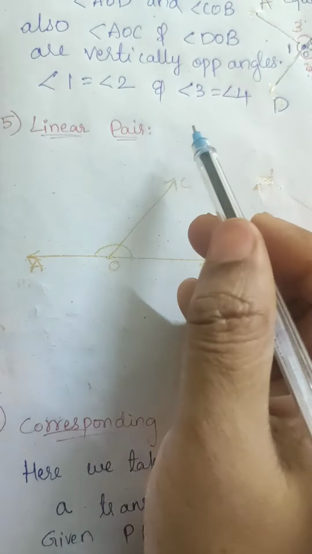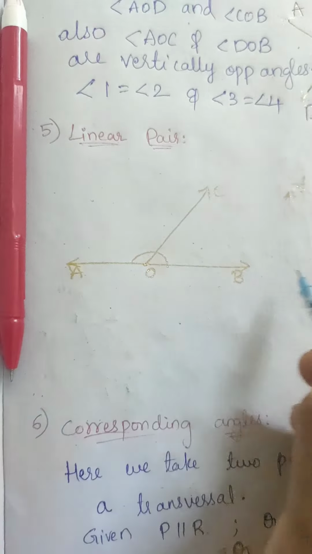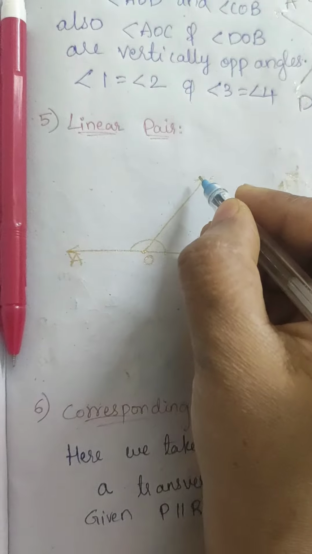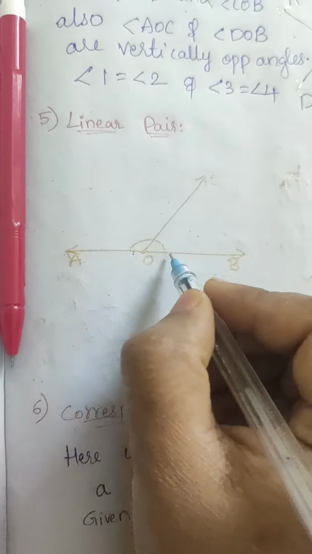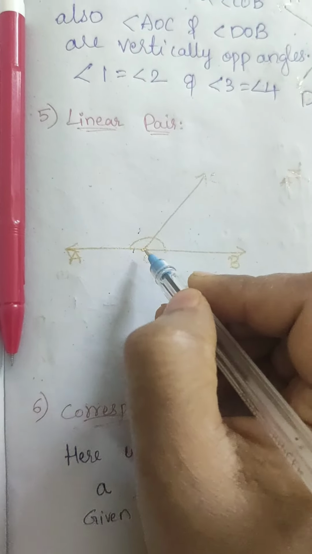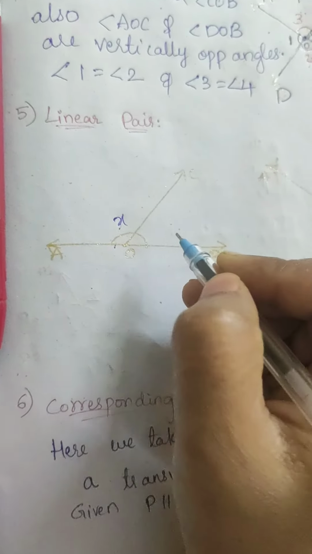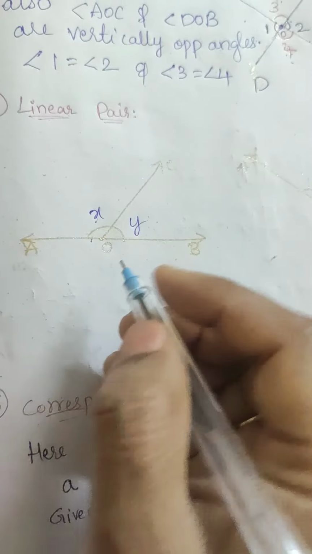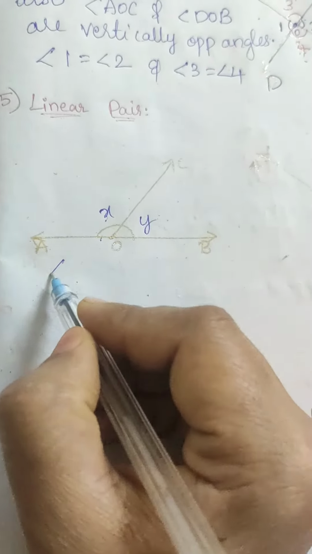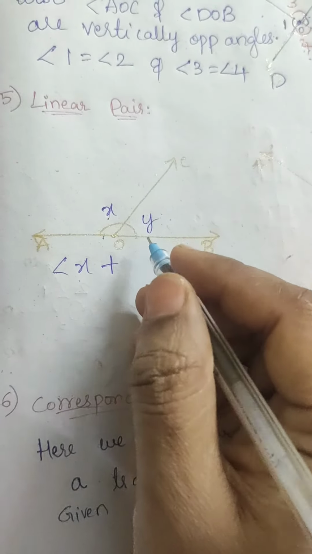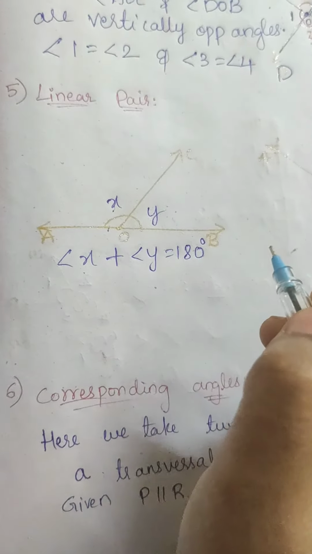Next we will see the linear pair. Linear pair means we have a straight line and an arm from the line. How many degrees does this make? Straight line means it is equal to 180 degrees. Let it be some angle X and Y. If the sum is equal to 180 degrees, then that forms the linear pair. Angle X plus angle Y is equal to 180 degrees, then this forms the linear pair.